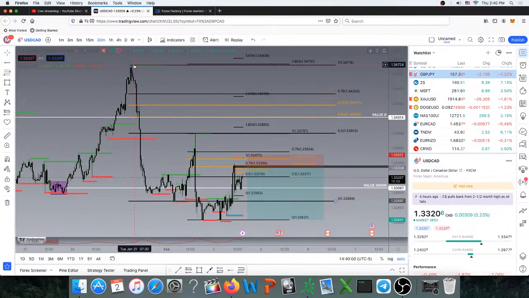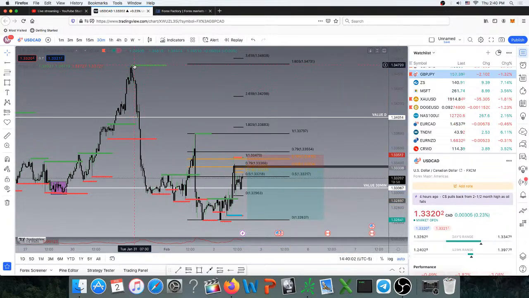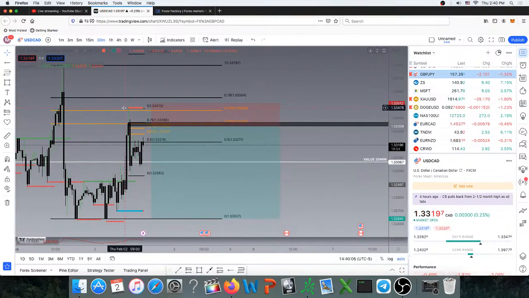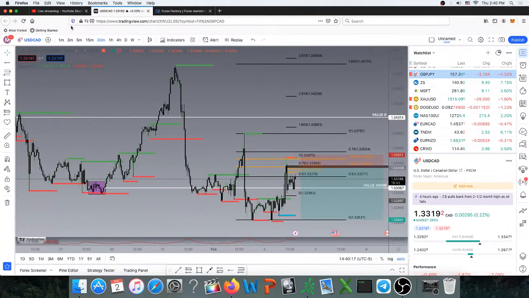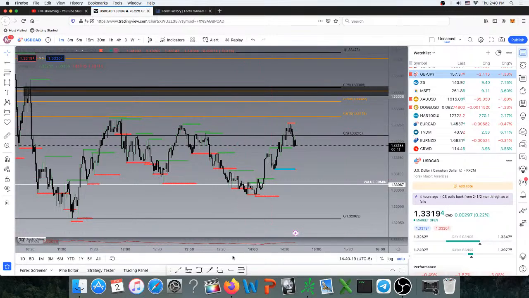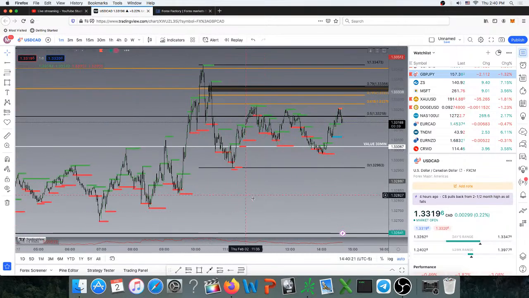Here. We have our IOC area for the 30 minute right here. Also a 1 minute IOC is above 30 minute value. Let's look at the 1 minute value real quick. Let's double check here.